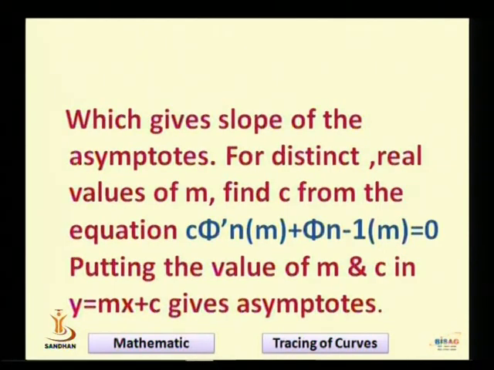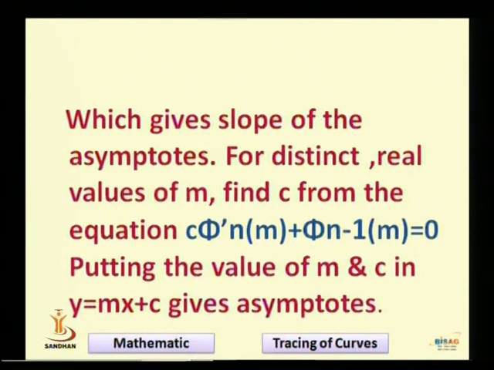Then for the real distinct values of m, we find c from the equation c into phi dash n of m plus phi n minus 1 of m equal to 0, that is, c is equal to minus phi n minus 1 of m divided by phi dash n of m, which gives you the y-intercept c.